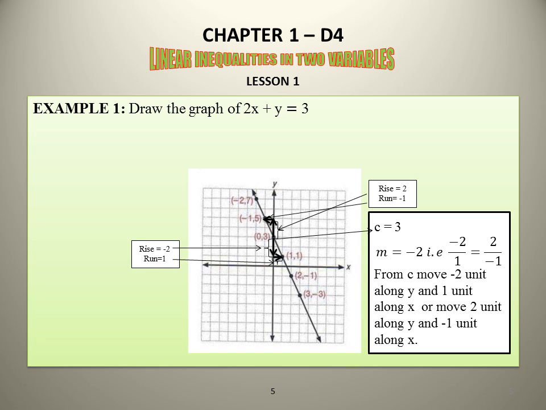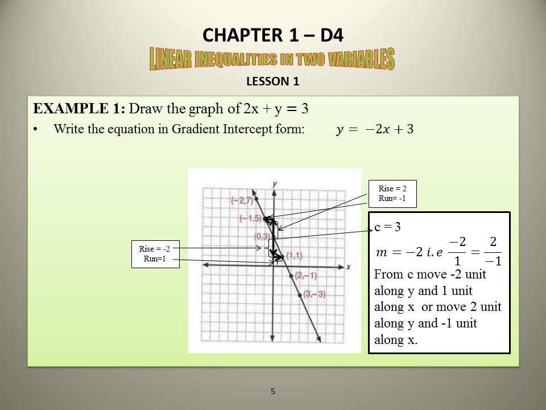If you are asked to draw the graph of this equation, this equation is linear because the power of x and y is 1 and this is in two variables x and y. Our first step in the last slide was that we will have to write this equation in gradient intercept form.